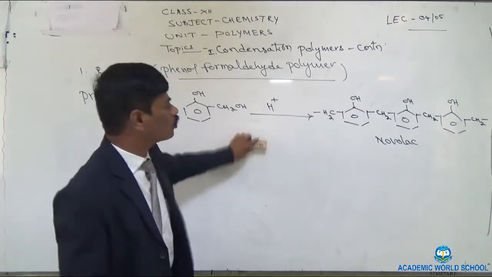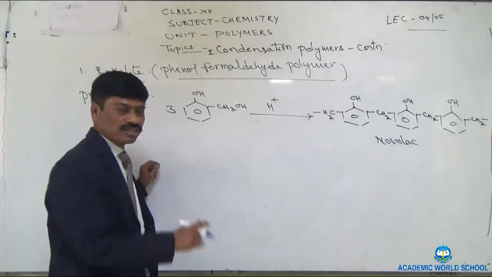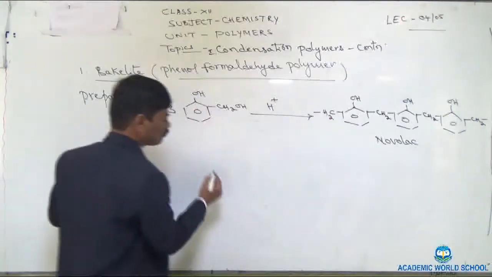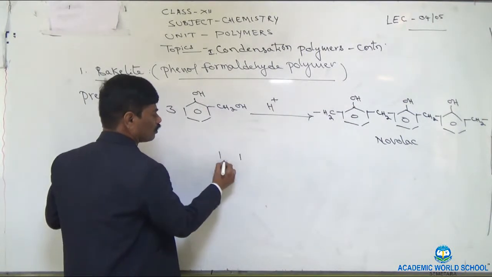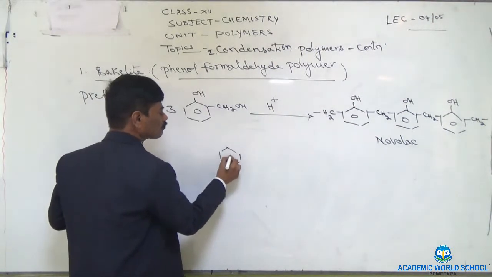Automatically it gets balanced. Now let us see from Novolac how we are going to get Bakelite. Now what you need to do is show the Novolac structure as it is, without any change.